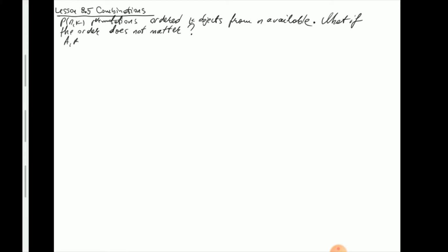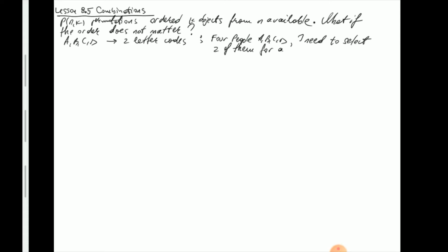So my first example in the previous lesson on permutation, I said, okay, let's say we have these 4 letters, A, B, C, D, and then form 2 letter codes. But let's flip the script a little bit and say we have 4 people, A, B, C, D, and I just need to select 2 of them for a job, let's say.